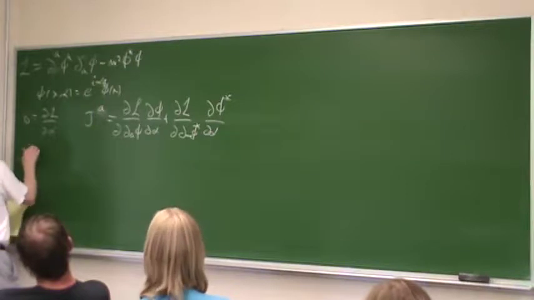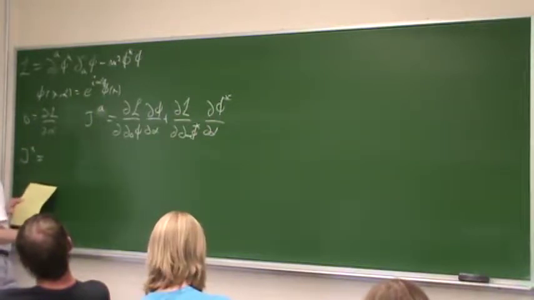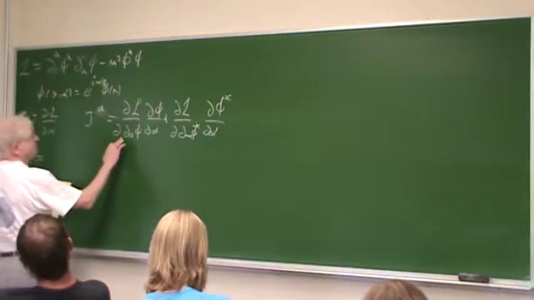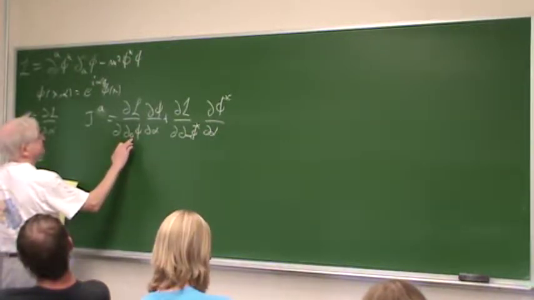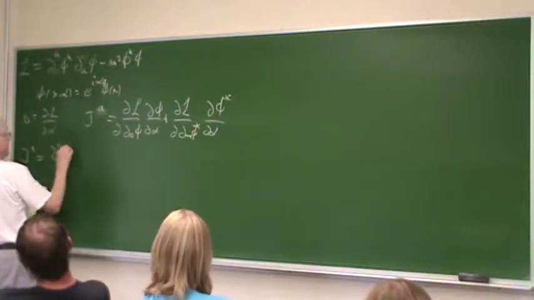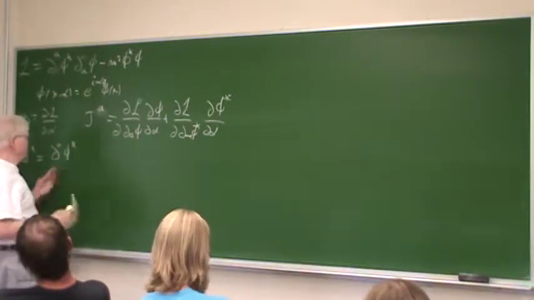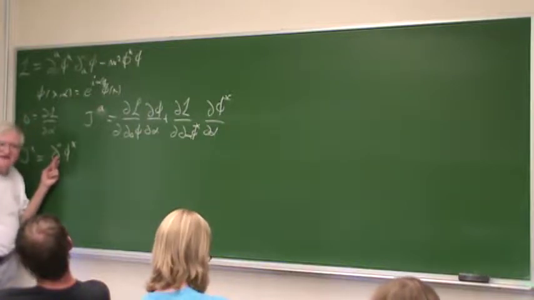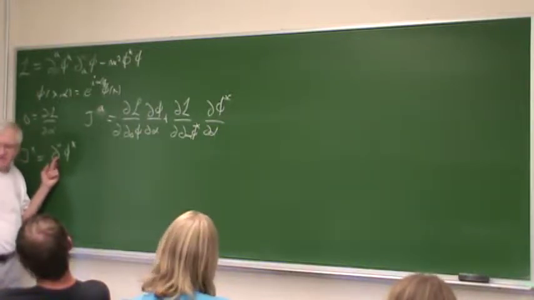And so J^A is equal to, well, the first term is partial with respect to d_A phi. Well, that's just d upper A phi star. And by the way, d upper A is the same as d lower A except for the space indices, and then there's a minus sign.